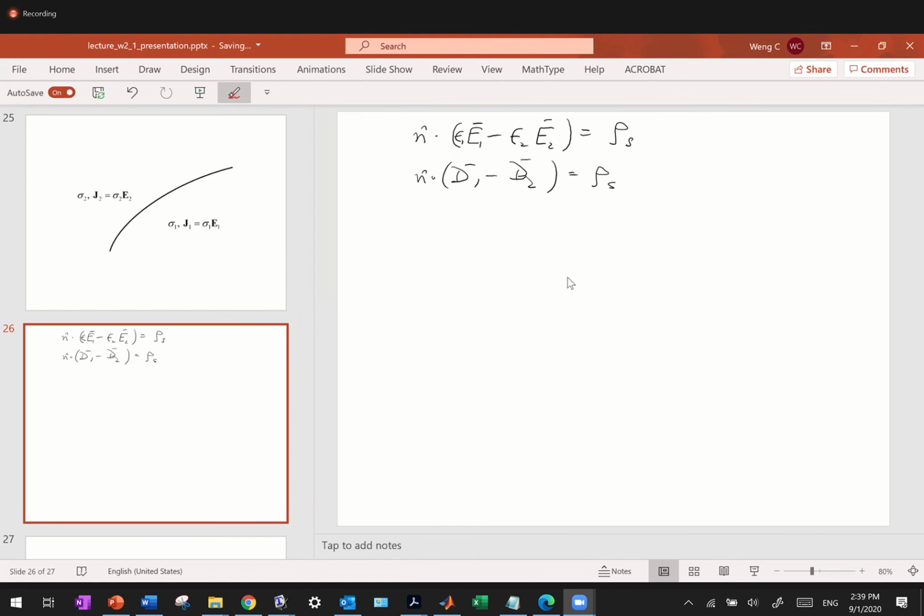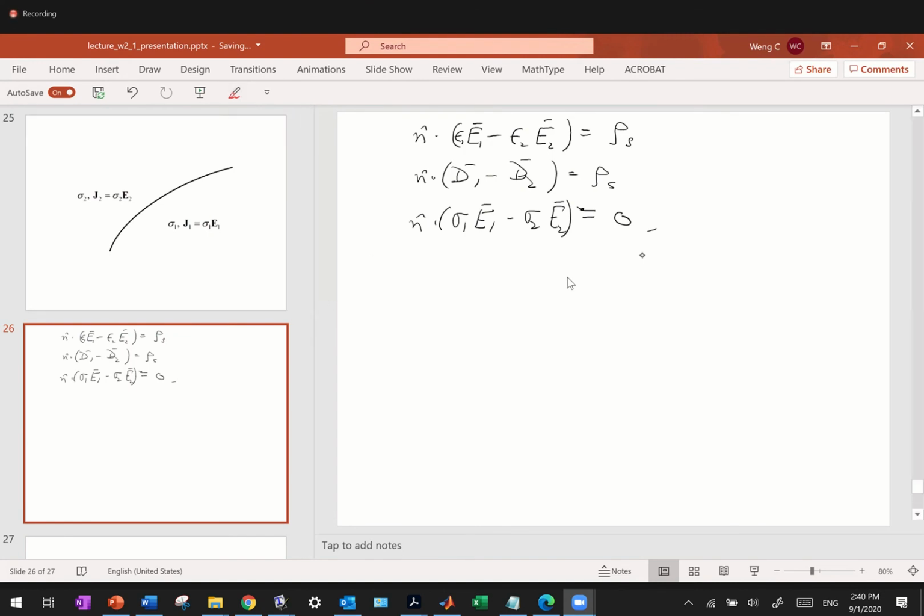And now we have a new boundary condition, n dot sigma 1 E1 minus sigma 2 E2 is equal to 0. This is the conductive interface.